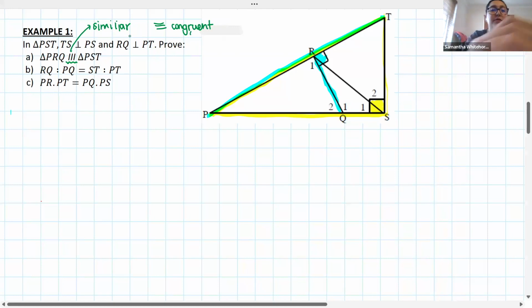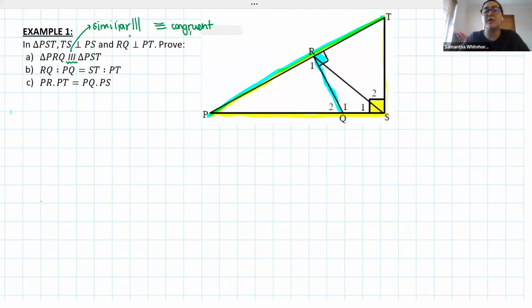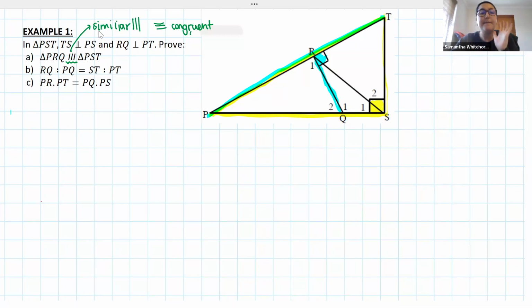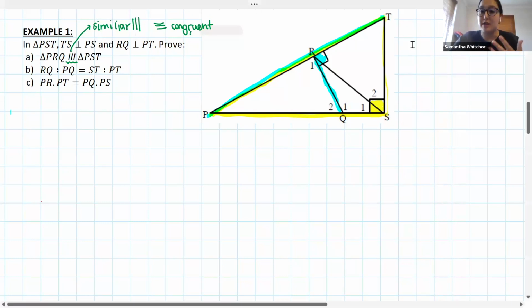So just bear in mind, three vertical lines similar, three horizontal lines congruent. So we want to prove some triangles are similar, and then we want to show that certain ratios and products are the same. Those last two we'll get to in a second, and I'll explain what it's asking and how we deal with it. Let's first deal with the similarity, especially because this is really important, but it's also something that you last dealt with in grade 9. So it's been a while.